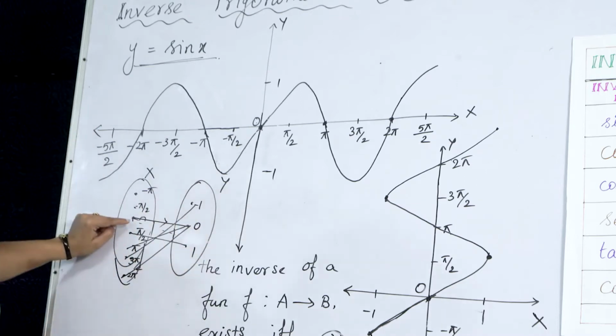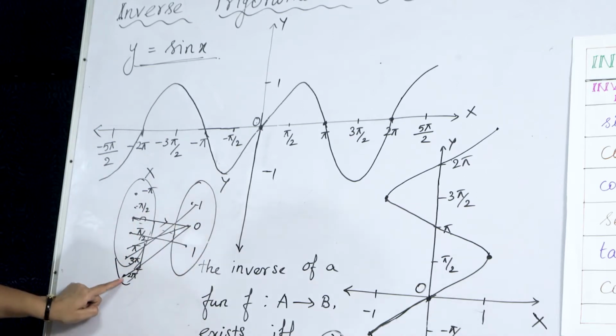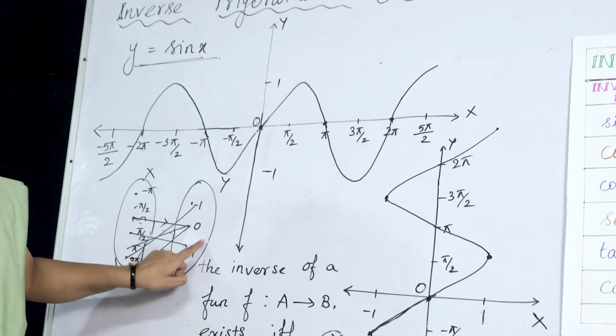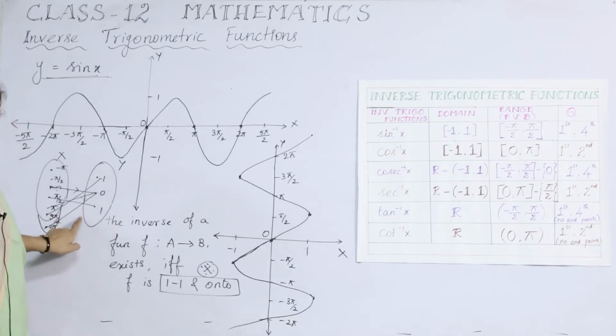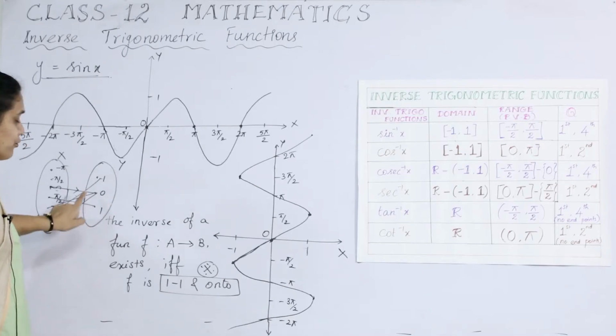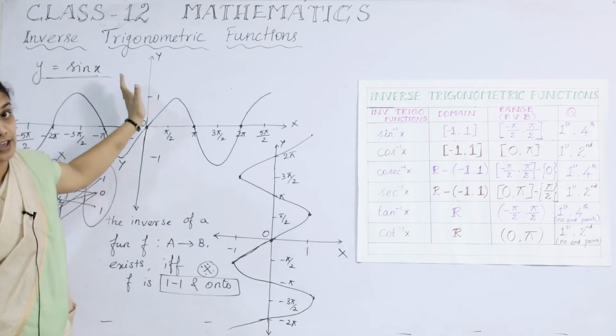If you see, the angles 0, pi and 2 pi are all mapping to 0. So it is not 1 to 1, it is many to 1, isn't it? Therefore, the inverse we cannot define for y equal to sin x.